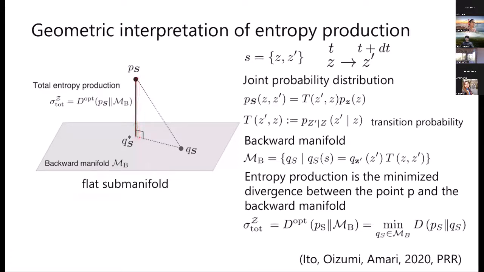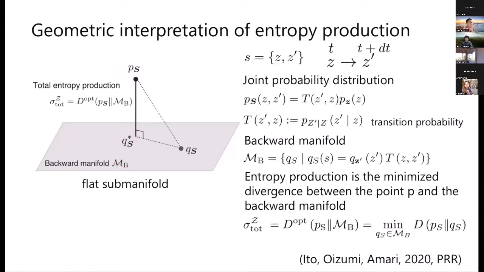This orthogonal projection always gives us the minimum of the KL divergence. We can show that the entropy production is the minimized distance between the point P, the joint probability distribution, and the backward manifold. This is given by just a KL divergence between PS and QS star.